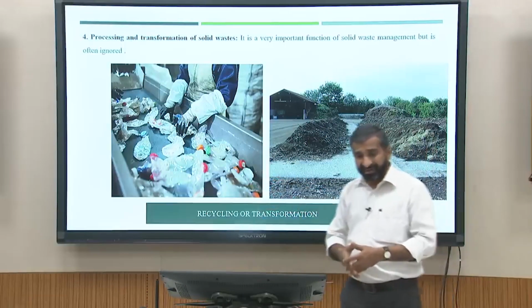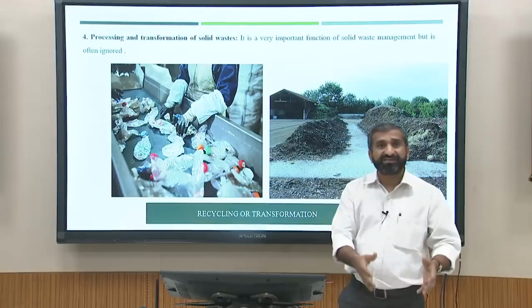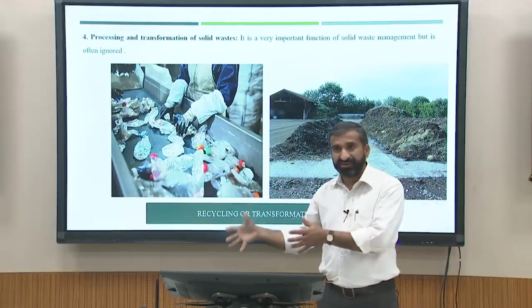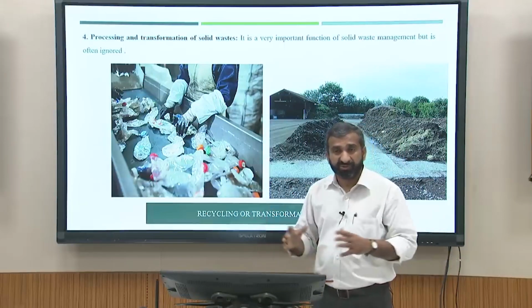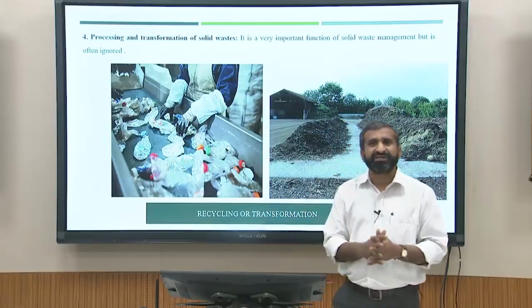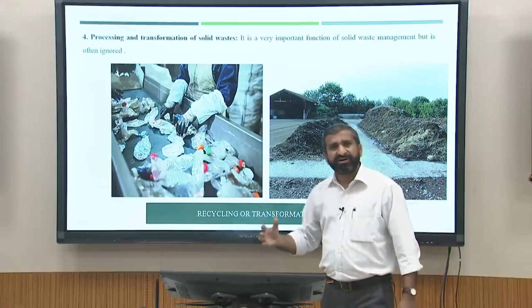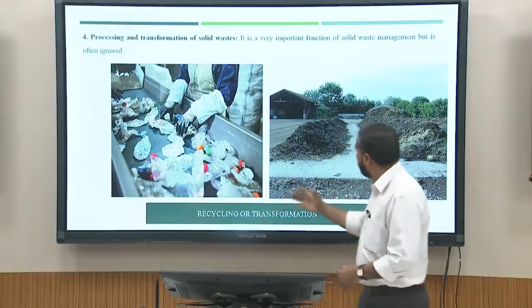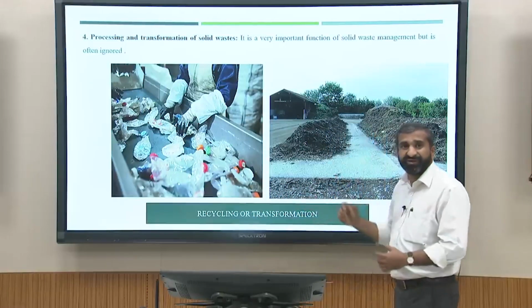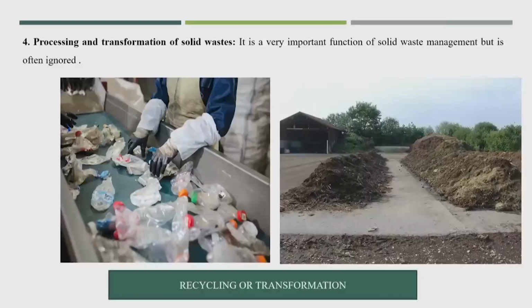What is happening currently in India is that the entire waste comes to one disposal area, and planning segregation there is very difficult, because at any location where 500 to 1000 tons of waste is coming, it is very difficult to segregate once it is mixed with the wet waste. If wet waste is segregated easily, we can easily go for biological treatment.